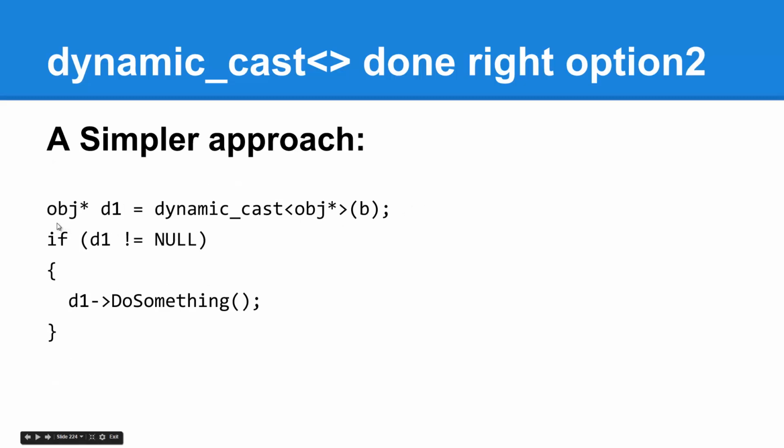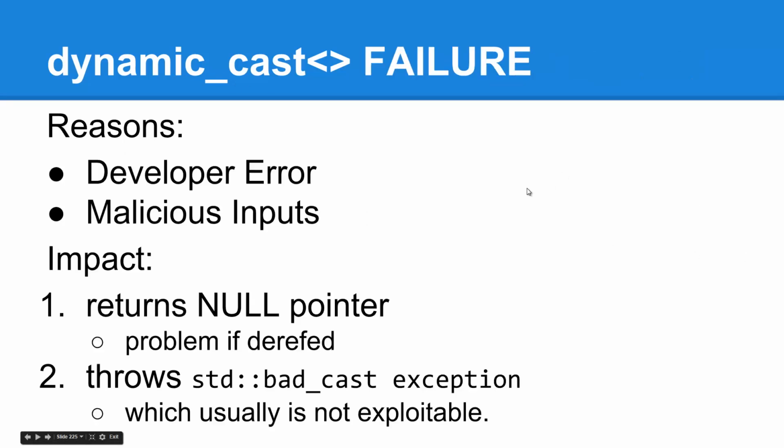A simpler approach is, after you perform the dynamic cast, to check the object after assigning it to make sure that it is not null and then attempt this. You can furthermore check specifically that it is not null and also is of object type to carry on.